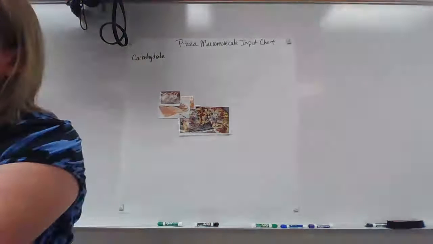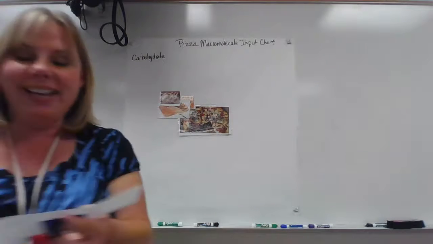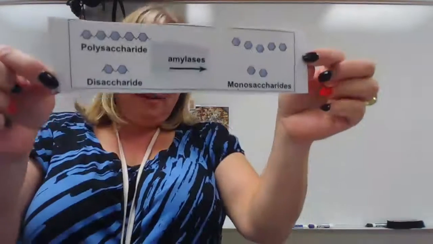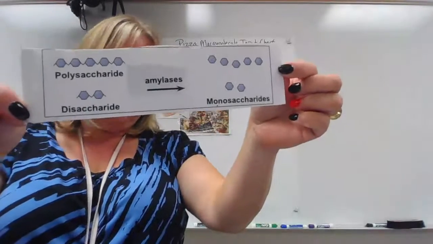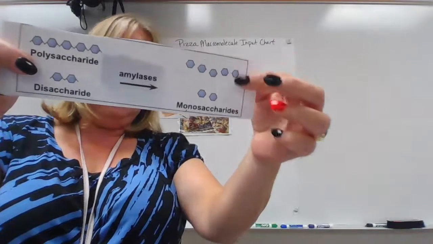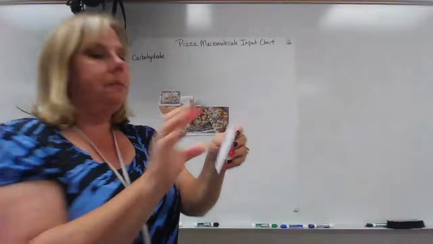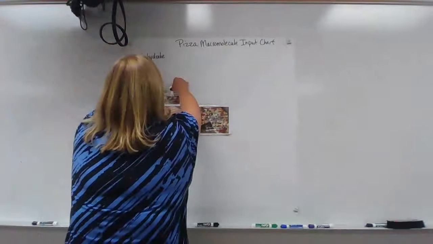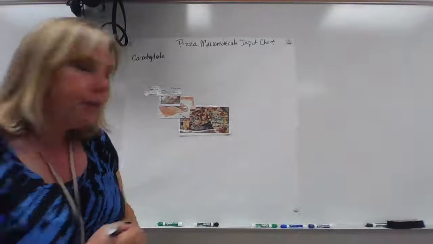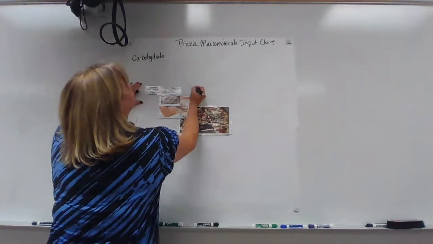Okay. So, here we're going to have to zoom into our molecular level. And this is called a monomer. These are the things that make up grain. And we are at the molecular level. Okay, so the monomer is a building block.